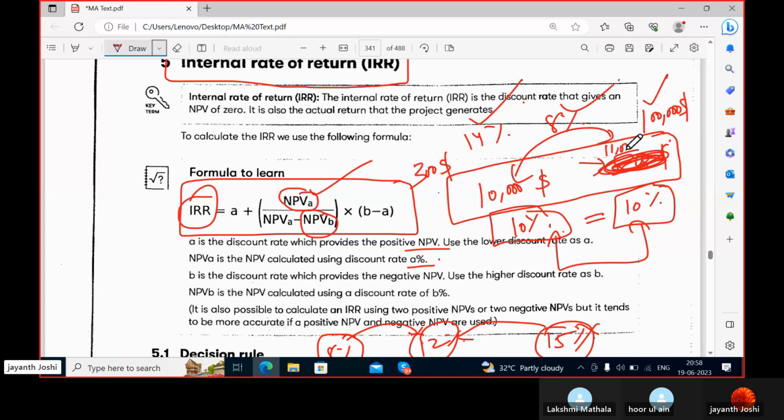Or let's say this is also $10,000 and you're getting a positive NPV of $400. Which is better? The 400 one, correct or wrong? Correct, sir. Simply we can decide because it is giving more NPV, more value to us.